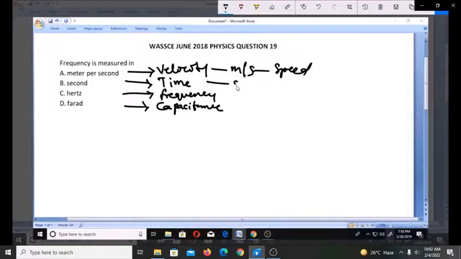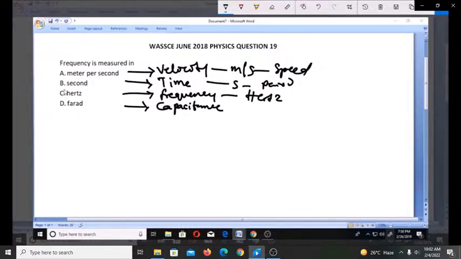Whenever you hear time in seconds, it is the unit for time and period as well. Whenever you hear frequency, the unit is hertz. That is what you use as the unit for frequency. Farad is for capacitance of a capacitor.